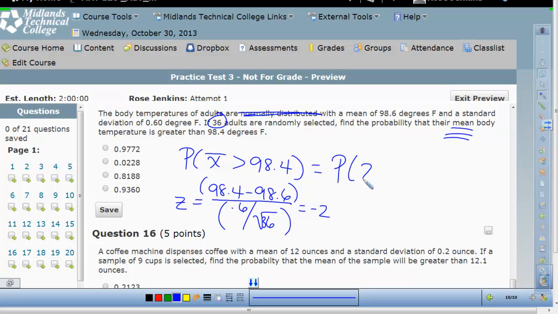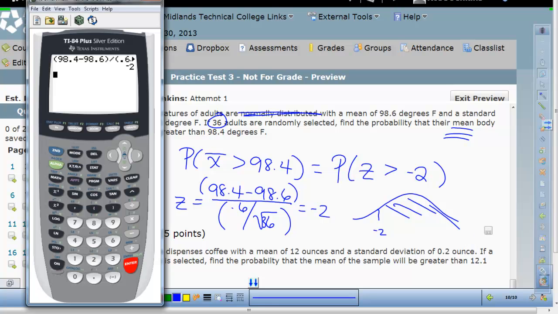So the probability that z is greater than negative 2. Negative 2 is over here. We're going greater, so my lower bound is negative 2, and my upper bound would be infinity.